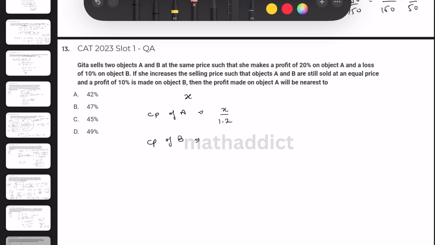object B. That is, if the cost price of object B is b, then b minus x upon b equals 1/10. So b is equal to 0.9x. So 9b is equal to 10x, which is b equals 10 by 9 x.